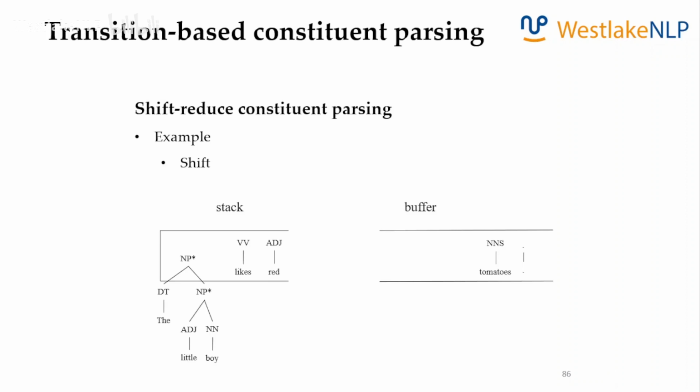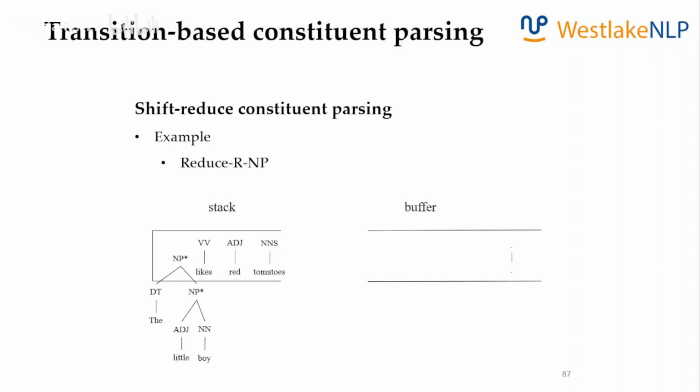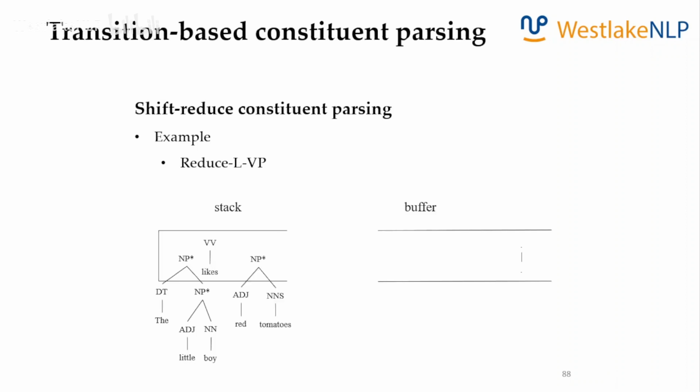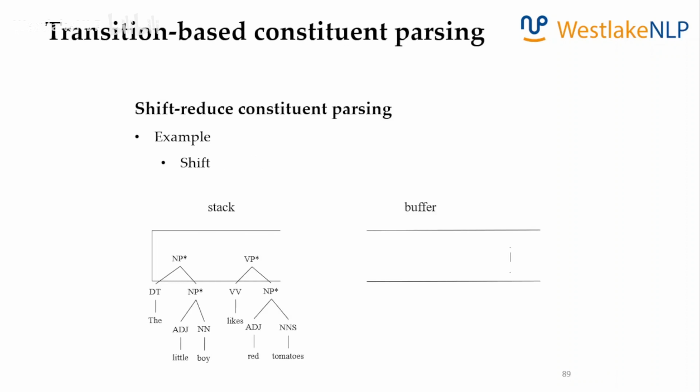So likes, red tomatoes, and period is now combined. And then you do another right reduce. The little boy likes red tomatoes is now a sentence node. Now with this, you form a full binarized tree on the stack. And you can apply a finish action to finish parsing.